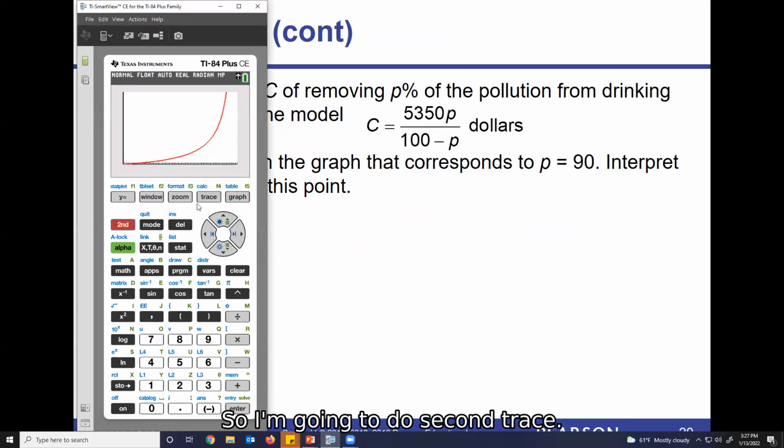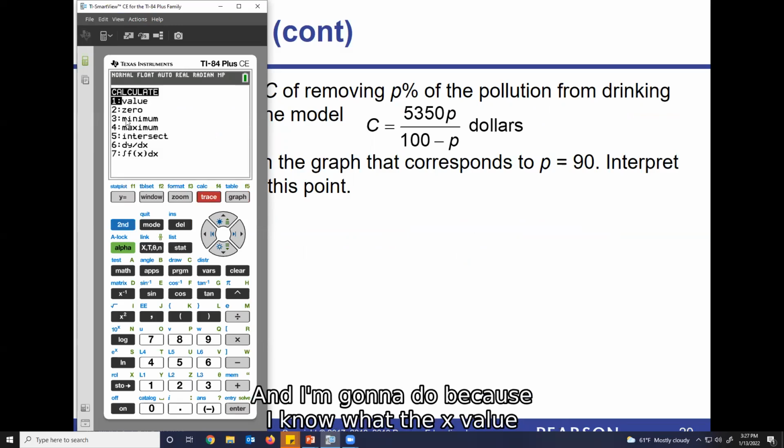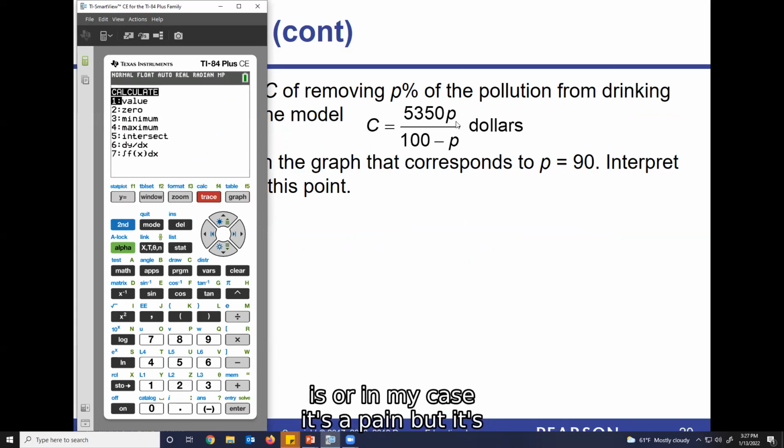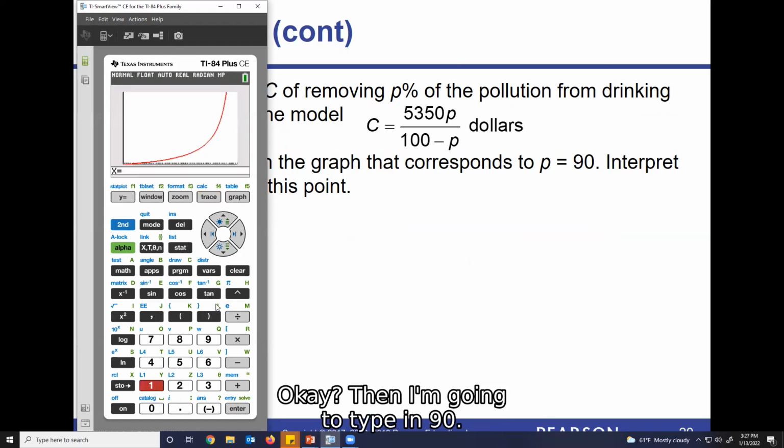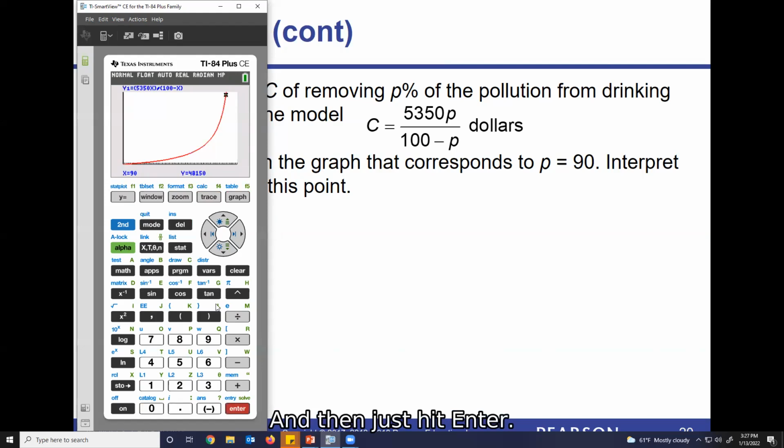So I'm going to do second trace, okay? And because I know what the X value is, or in my case it's a P, but it's an X value in the calculator, I'm going to hit number 1. And then I'm going to type in 90 and just hit enter. And that's going to tell me that X equals 90 and Y equals 48,150.